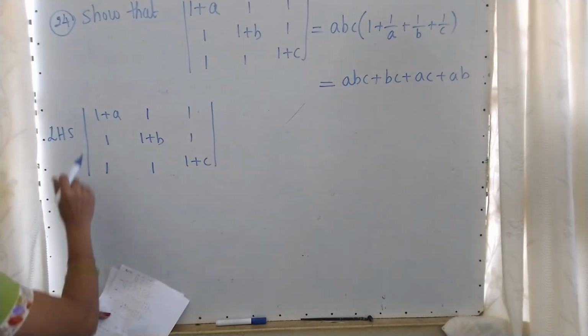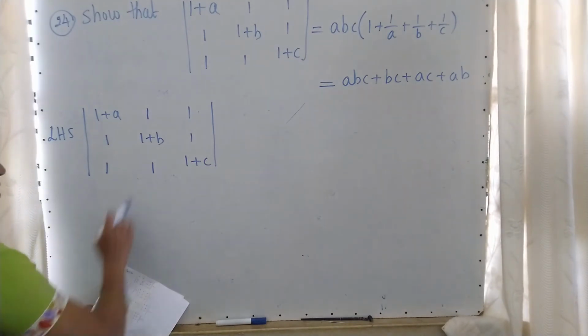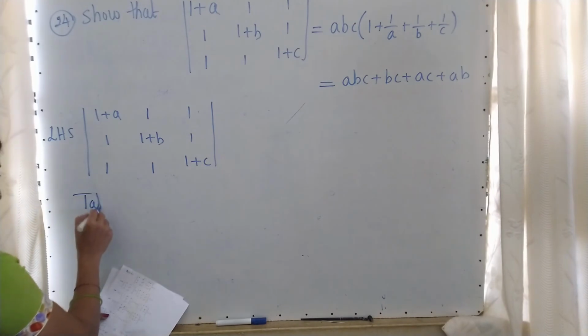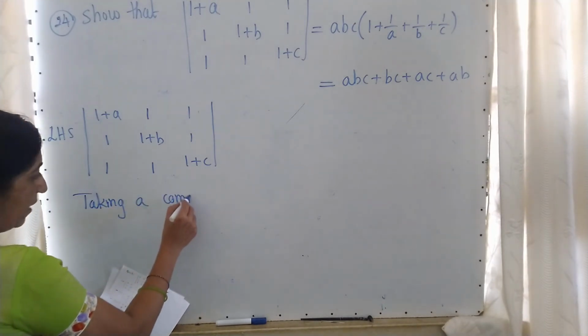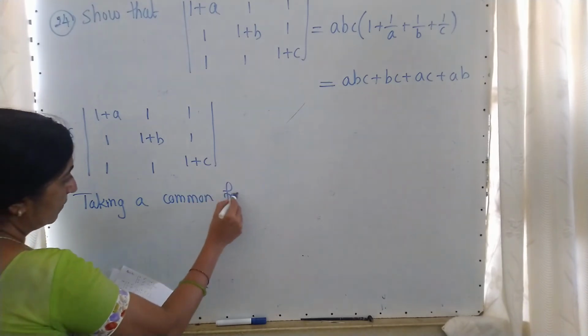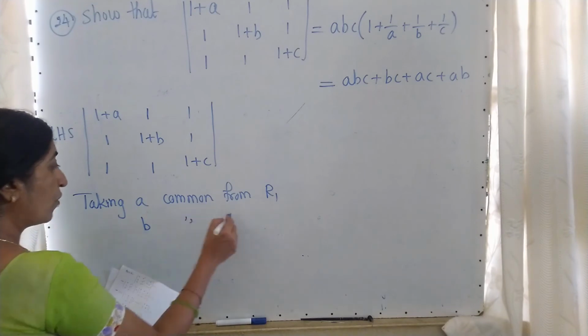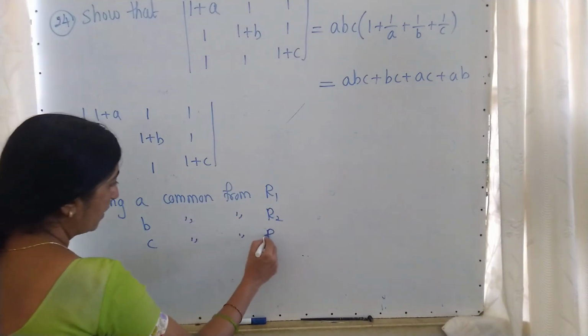So here I am taking a common from the first row. If you take a common from the first row, they are converted into reciprocals. Taking a common from R1, b common from R2, c common from R3.